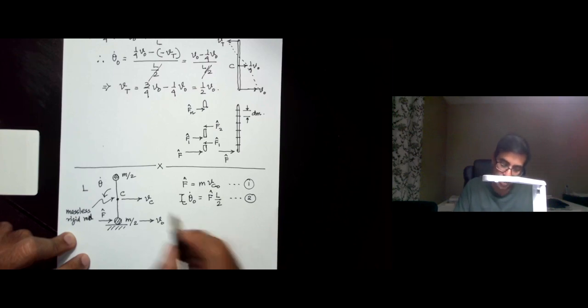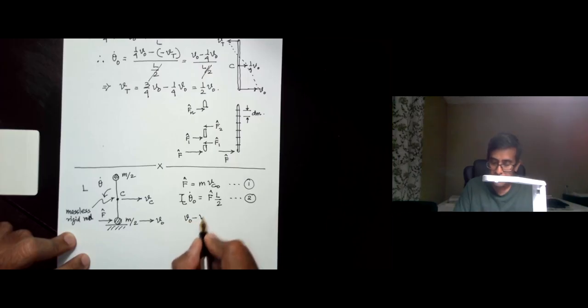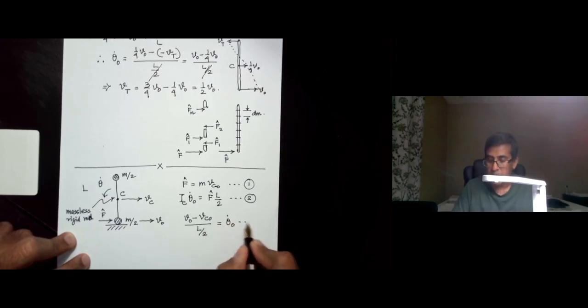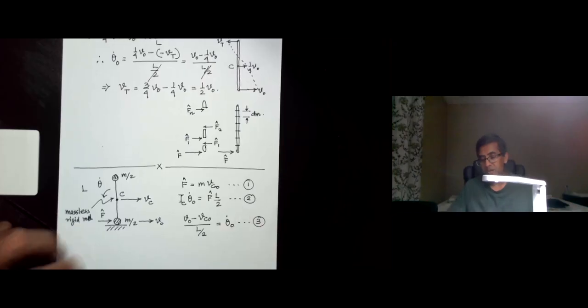In addition, we also have the angular velocity determined by v0 minus vc naught, divided by L over 2, is equal to theta dot naught. So you see, structurally the three equations are exactly the same.